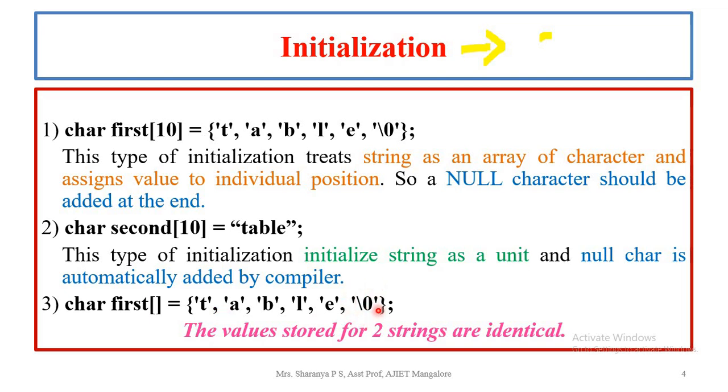So it is clear that there are a total of 1, 2, 3, 4, 5, 6 characters. So the size will be set as 6 for this string. This is how we can declare and initialize strings at a time.